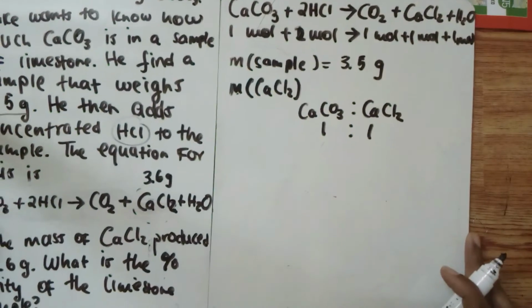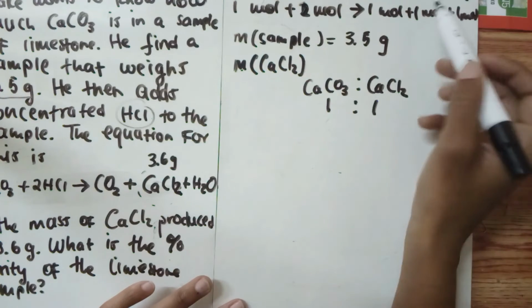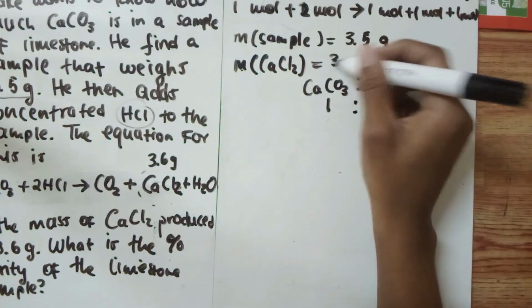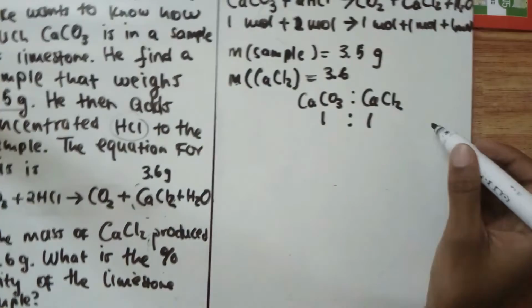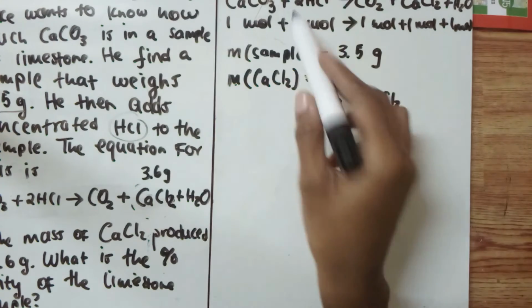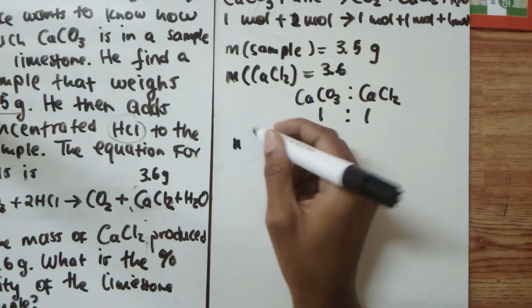So the number of moles that we calculate for calcium chloride will also be the number of moles for calcium carbonate.